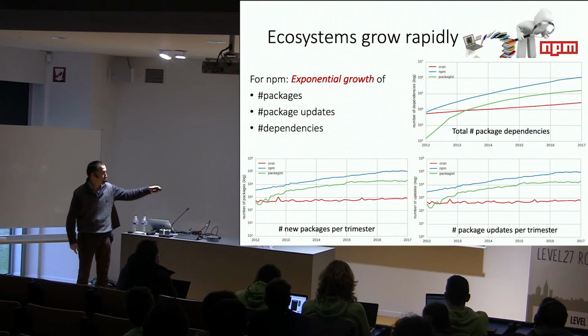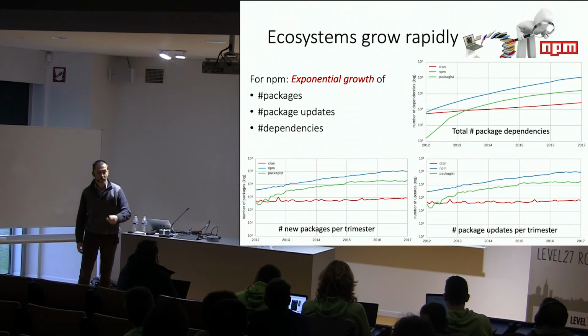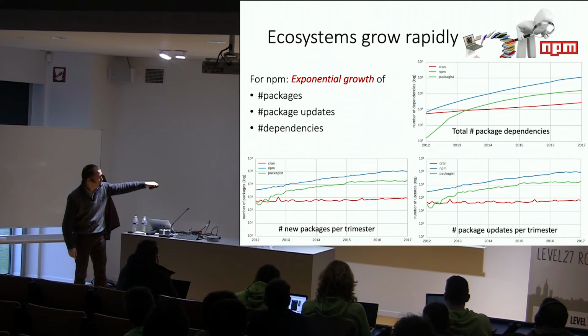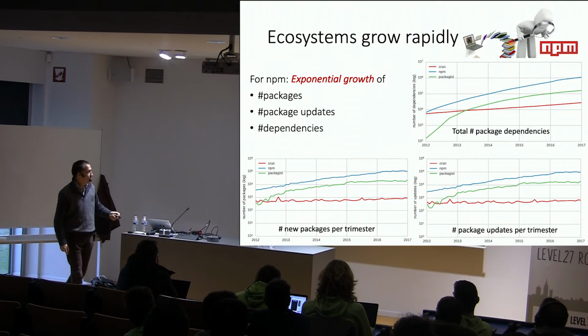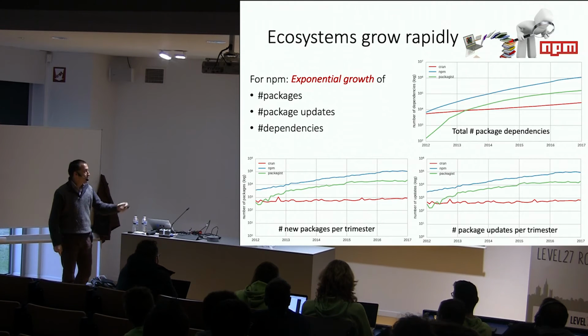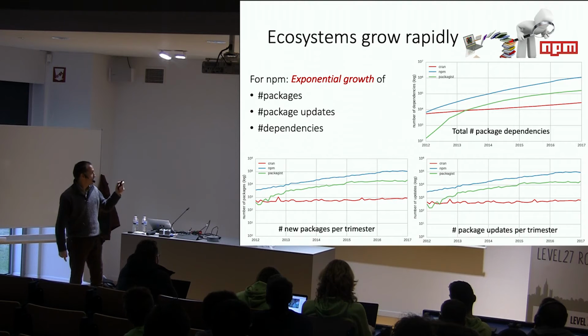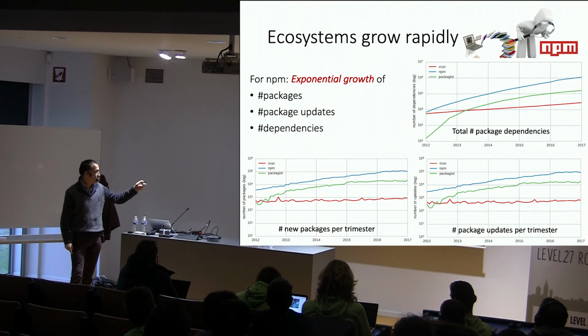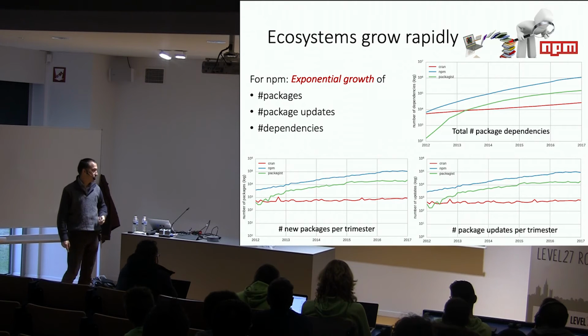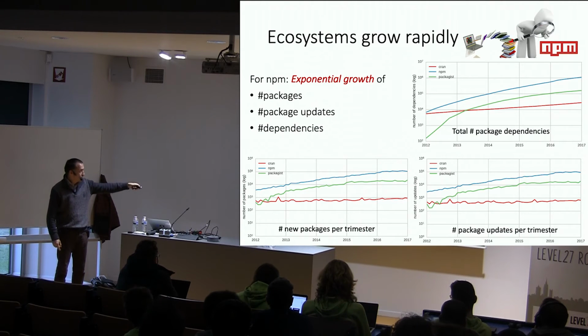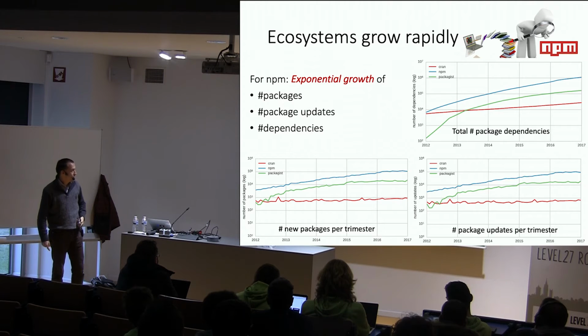So it looks like normal growth, but it's actually exponential growth, because this is a linear growth on a logarithmic scale, which means exponential growth. That's what we found: all of the ecosystems are exponentially growing in size, regardless of whether you measure it in number of packages, number of dependencies, or number of updates to already existing packages. You see basically the same phenomenon regardless of how you measure things.